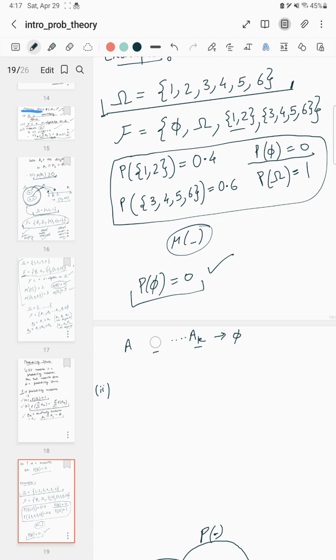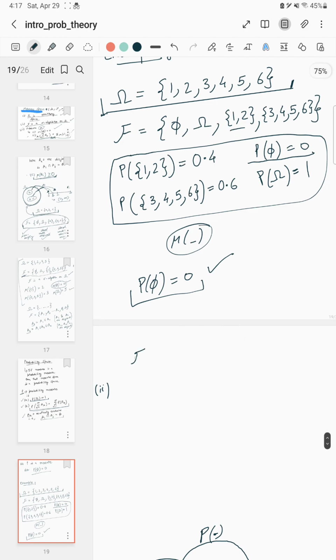We have two sets of disjoint sets in the sigma algebra F. We have phi and omega, and we also have 1, 2 and 3, 4, 5, 6.